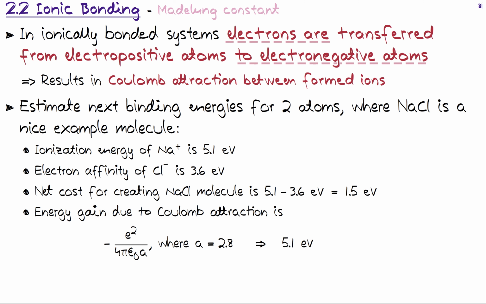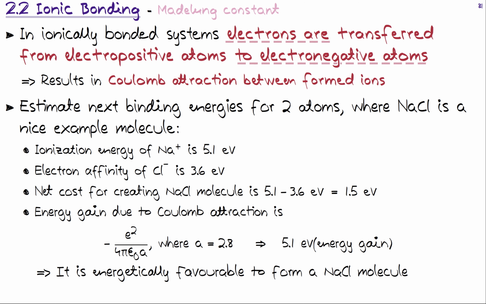This results in an energy gain of 5.1 electron volts. So basically what this calculation means is that in total we lose 1.5 electron volts, but we gain 5.1, so it is energetically favorable to form a sodium chloride molecule. And that's why sodium and chlorine will form molecules.